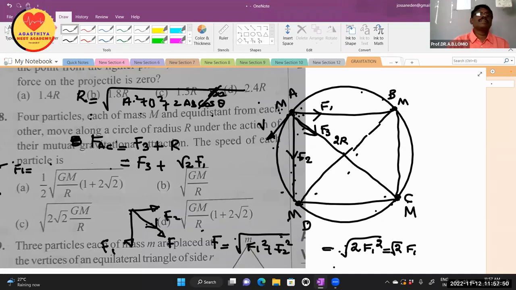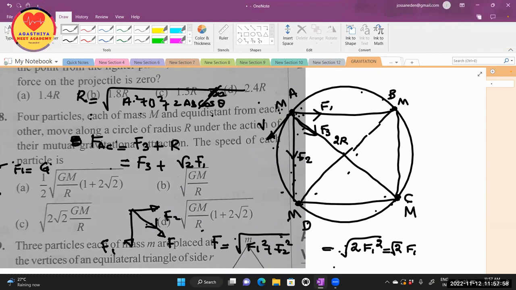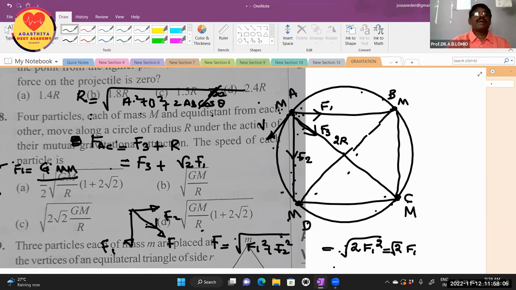Now we are going to find out the F1 formula. G, the mass of the two bodies, capital M, capital M, divided by the distance. That is the important point. What is the distance? How to represent that distance?